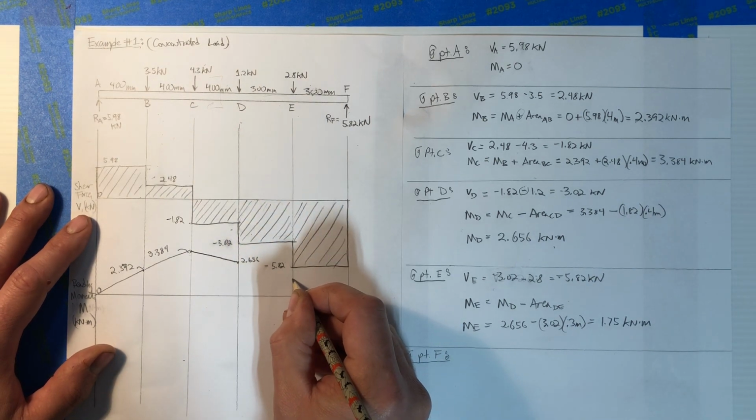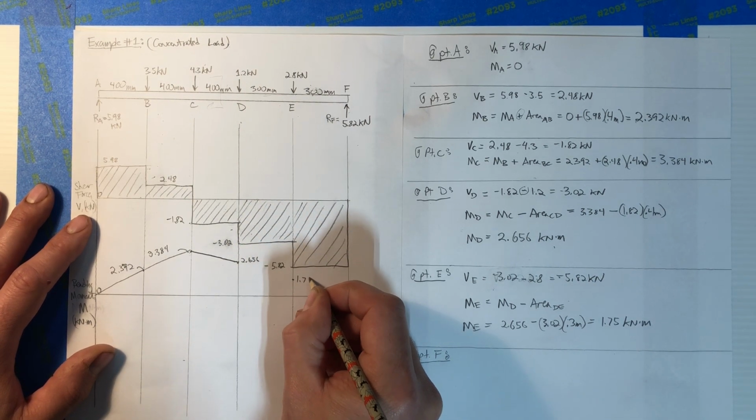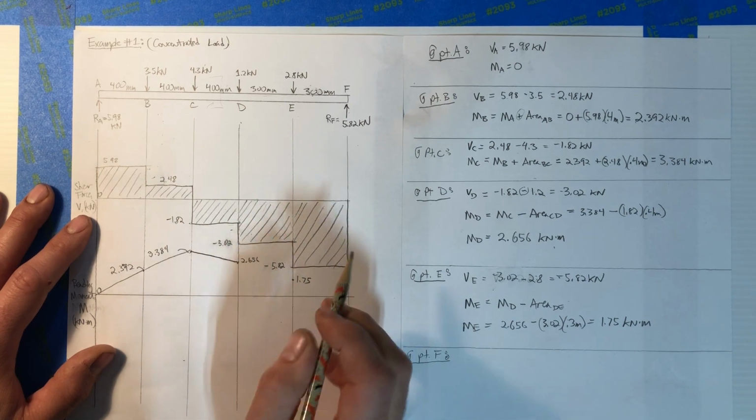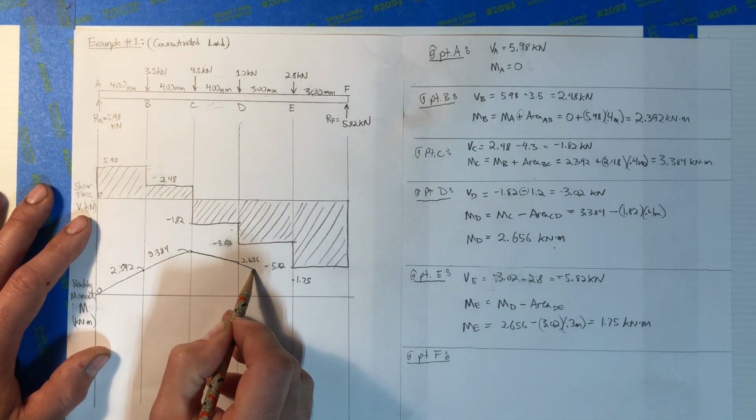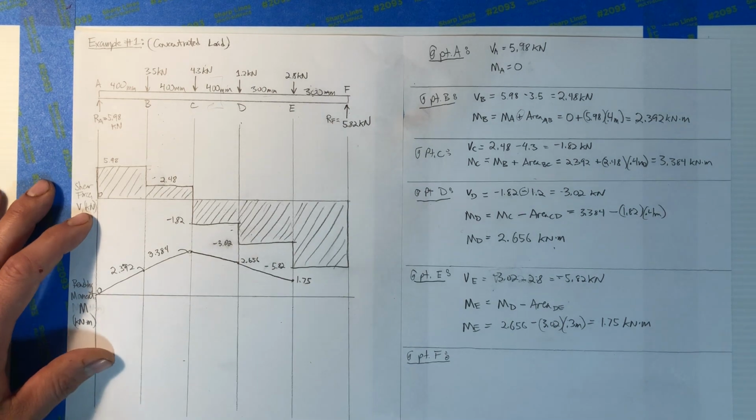So from 2.656, I'm going to go down to 1.75. Once again, zero order curve, straight line there, okay?